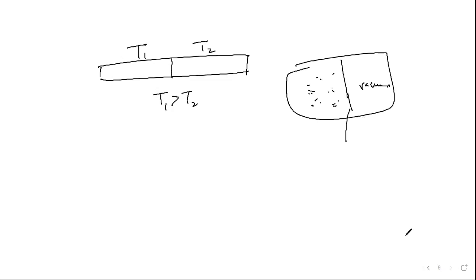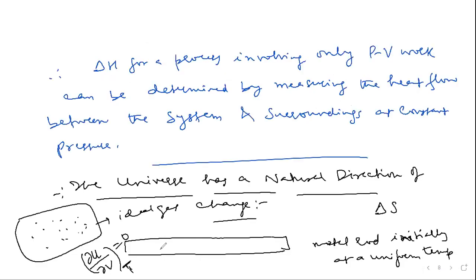The previous ones, when we said if we have a metal rod initially at a uniform temperature, one end can become hotter and the other end colder, or this ideal gas uniformly distributed initially could move to one half of the container and create a vacuum in the other half without violating the first law.